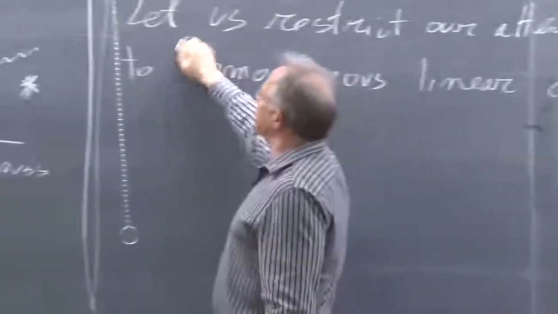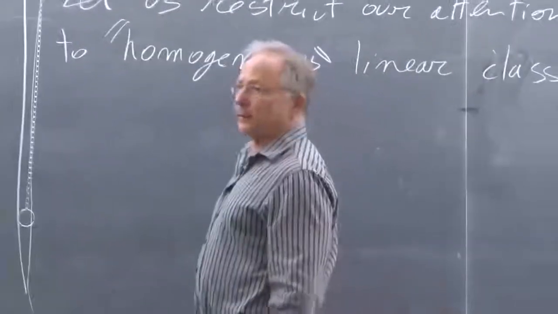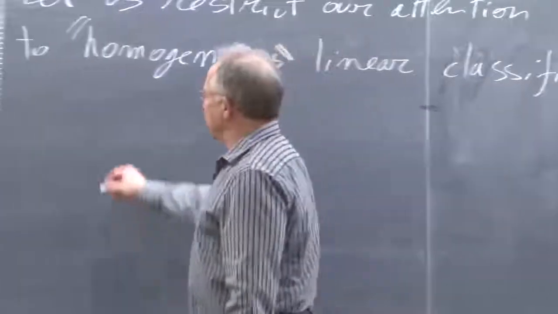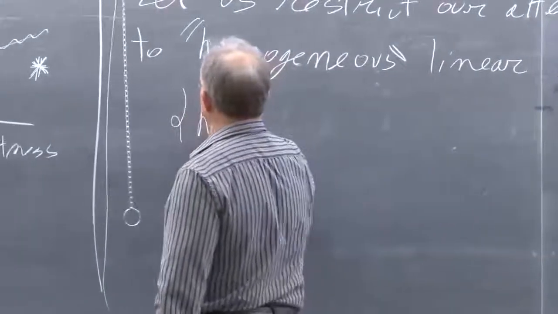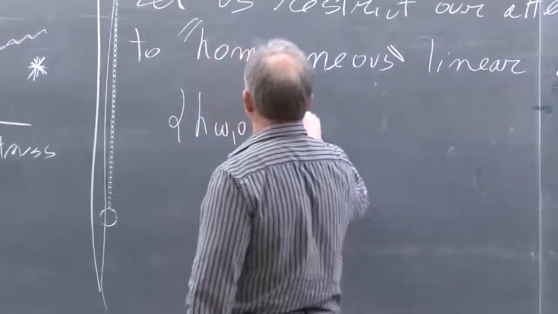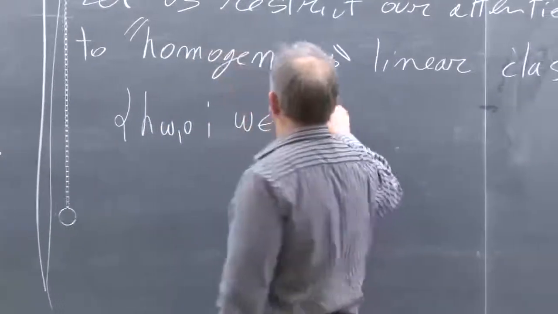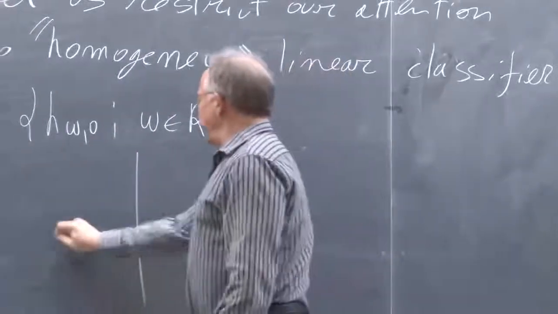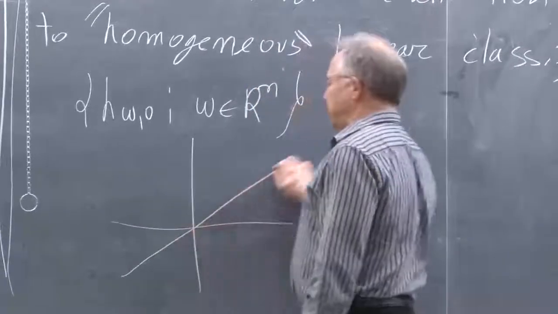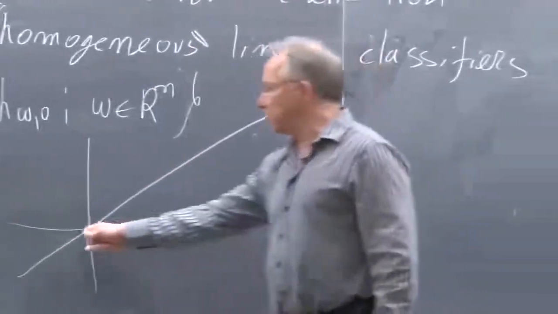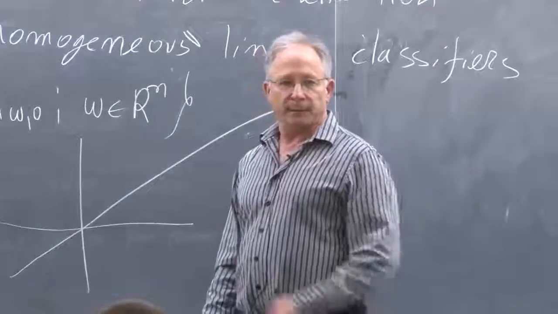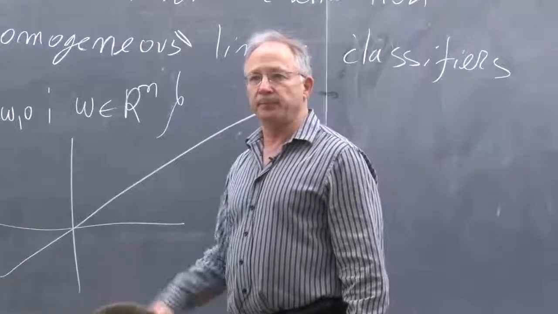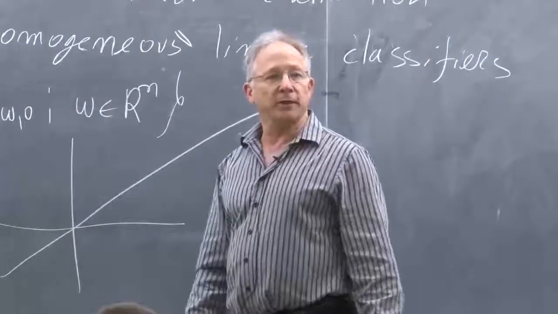By homogeneous, I mean that we fix b to be 0. So it's the set of all h_w,0 such that w is in R^n. I fix the threshold to be 0. So it just classifies with linear separators that go through the origin. But we will see that this is not a significant restriction, and it makes the analysis easier. So we restrict our attention to such classifiers.